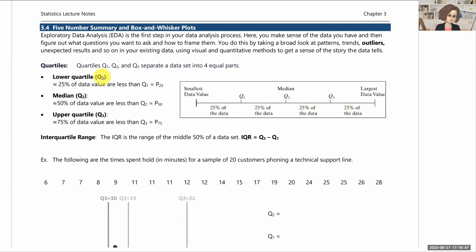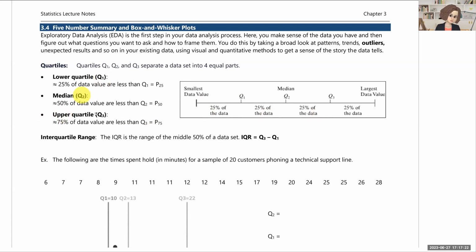The first quartile, also called the lower quartile, has approximately 25% of the data below it. The second quartile has approximately 50% of the data below it. Another name for the second quartile is our median that we learned earlier, the middle of the sorted list of data. And then Q3, the third quartile, has about 75% of data below it. That's also called the upper quartile.